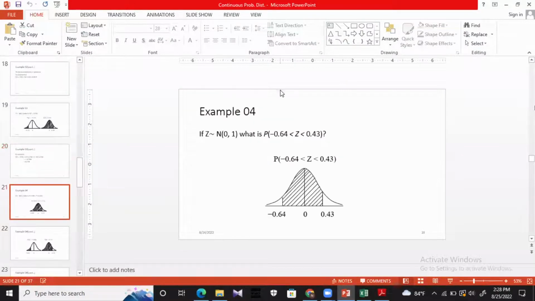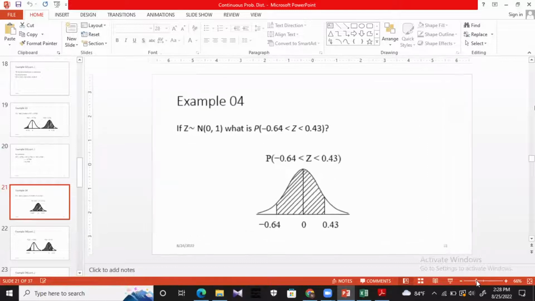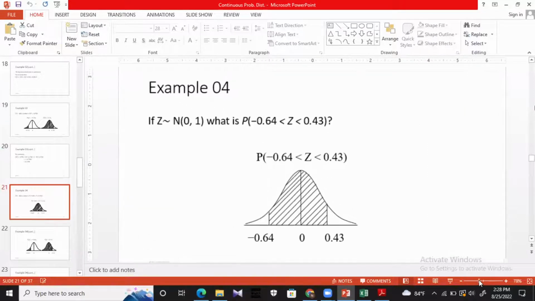That is example number 4. Here we have a range from minus 0.64 to plus 0.43. And we are going to find this probability from the table, right?